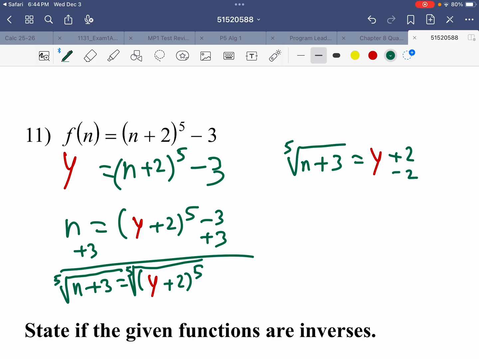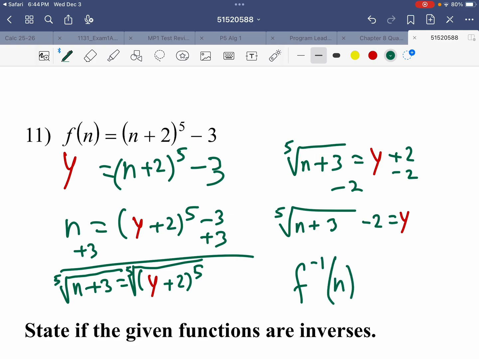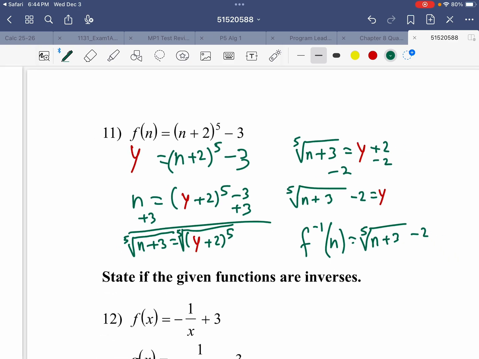I now need to subtract 2 on both sides of the equation to get the 5th root of n plus 3 minus 2 is equal to y. Or as we were talking about before, the inverse of f of n is equal to the 5th root of n plus 3 minus 2.